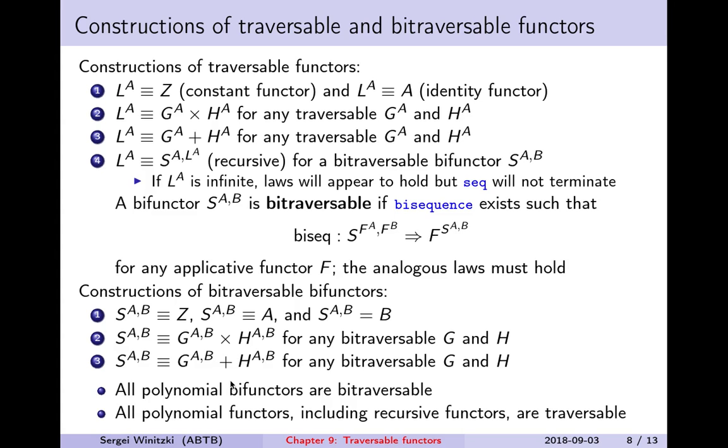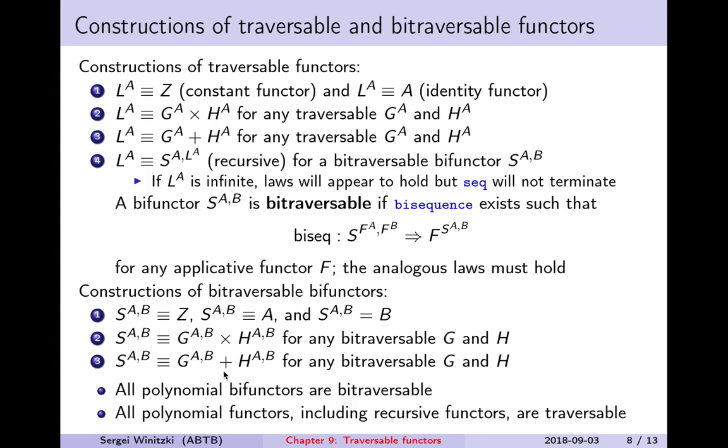And so the conclusion is that all polynomial functors, including recursive polynomial functors, as long as the traverse and seq methods return in finite time and do not go into infinite loops, are traversable. All polynomial bifunctors are also traversable.